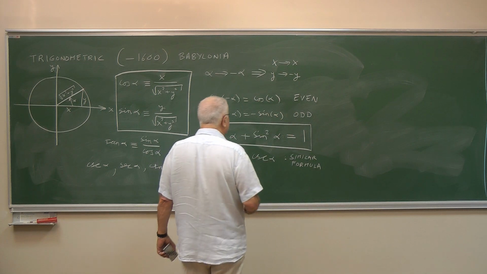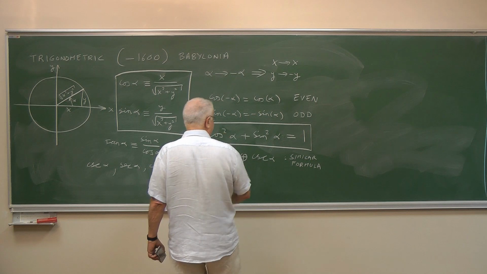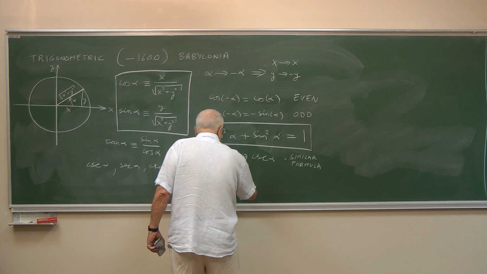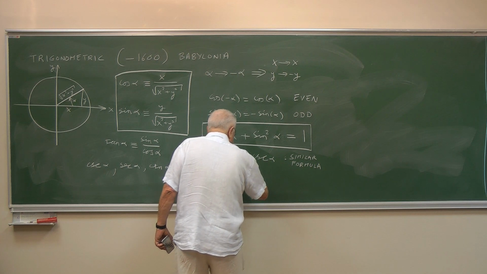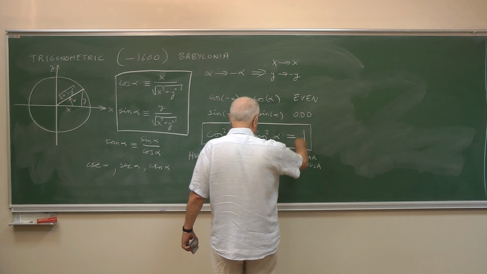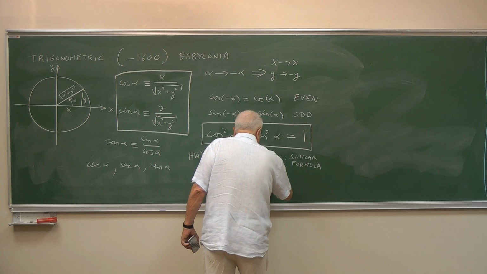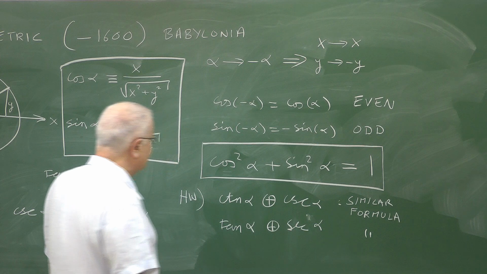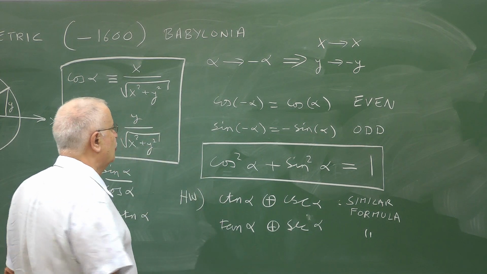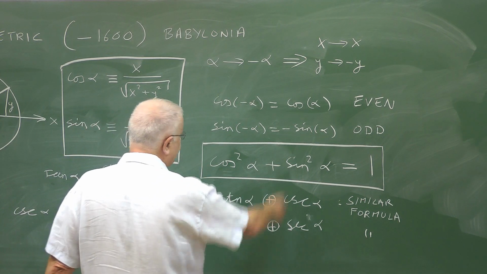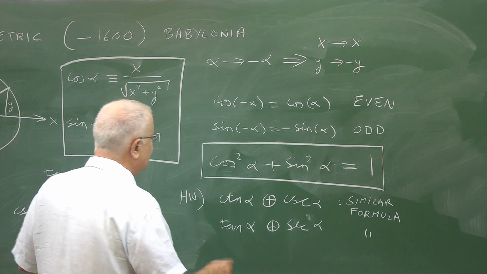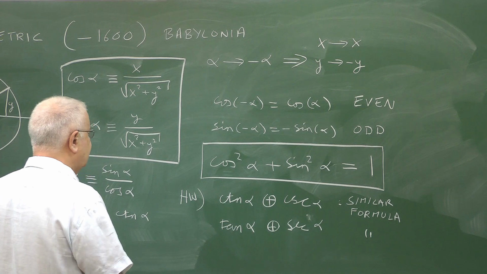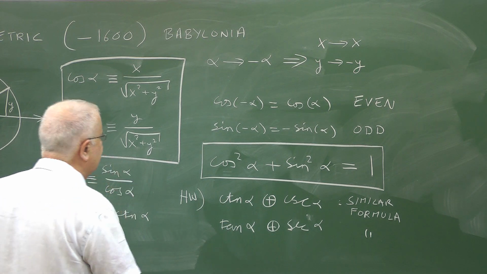Again, if I divide by cosine square, sine square over cosine square will be tangent, and this will be combined with 1 over cosine square, which is secant alpha, a similar formula. So I want two formulas just like this one. Well, perhaps it will not be all pluses, so on and so forth, but it's worth the effort.